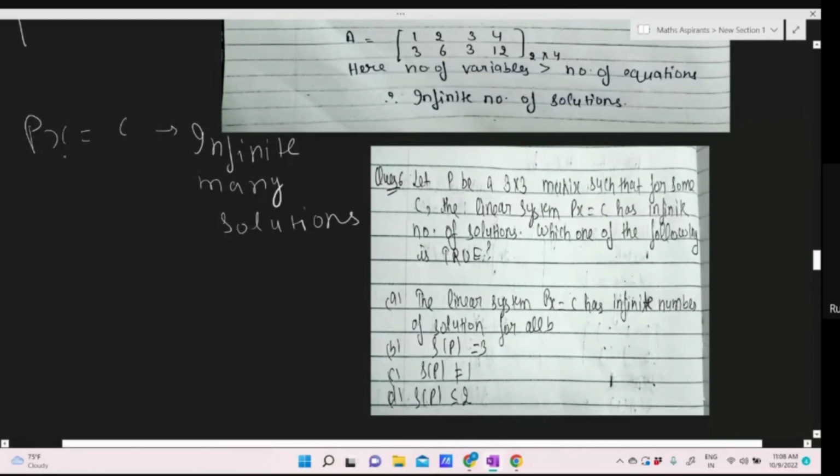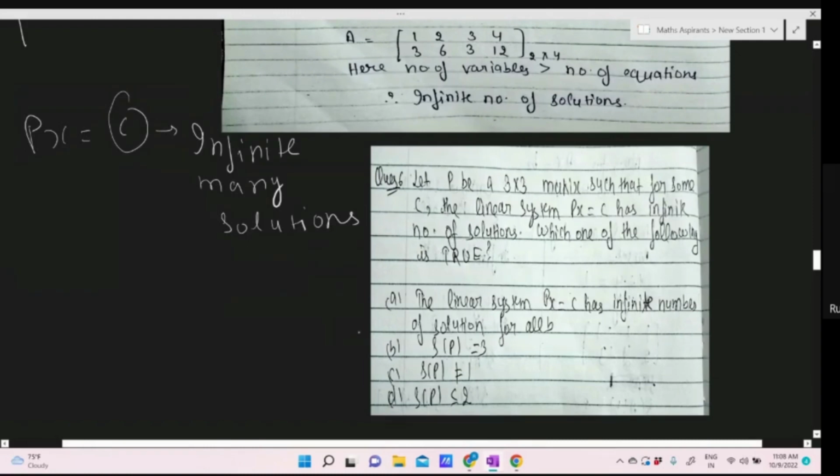Here the question says that Px is equal to C. For some values of C, this system will have infinitely many solutions. Then we will have to check the first option. The linear system Px is equal to C has infinite solutions for all C.